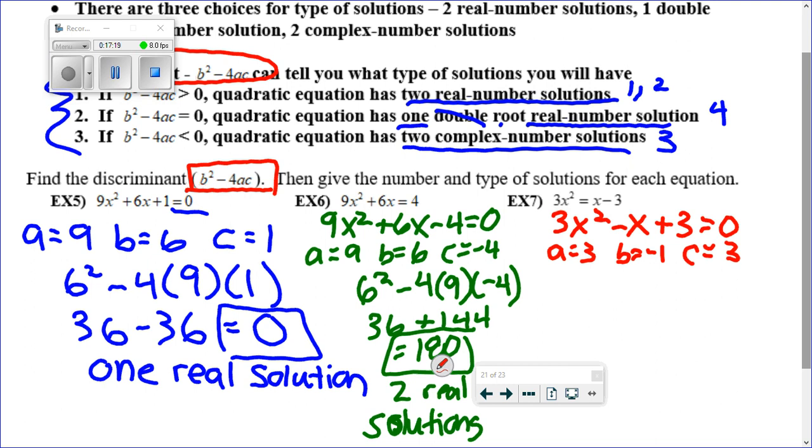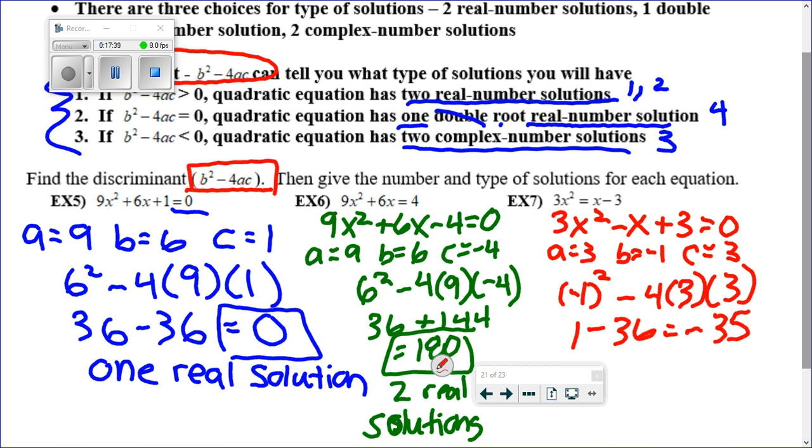So B squared, if it helps you, remember to put your parentheses around it when you're squaring a negative, if you tend to accidentally make that negative, minus 4 times A is 3 times C is 3. So this would be 1 minus 36, which would give us a negative 35. So if our discriminant is equal to a negative number, that is going to give us 2 complex, which means imaginary solutions.